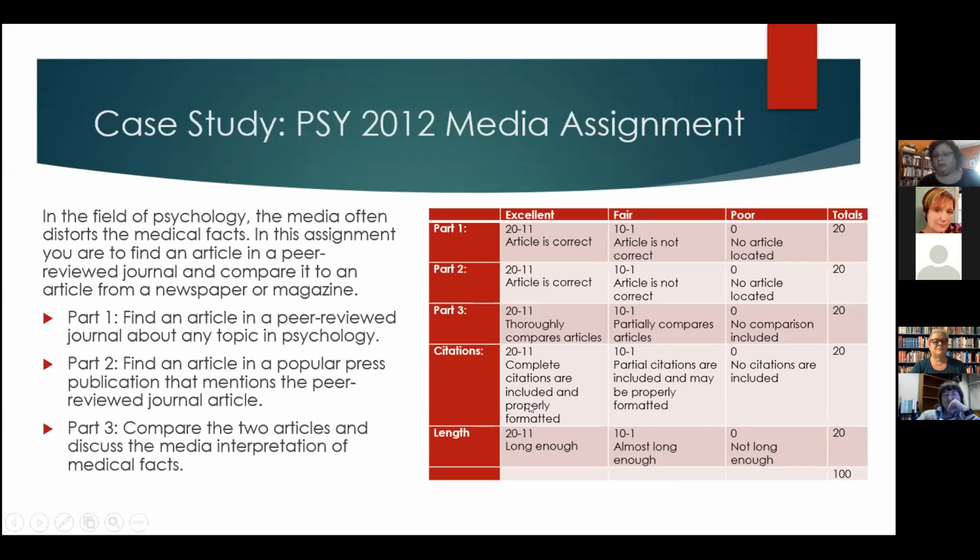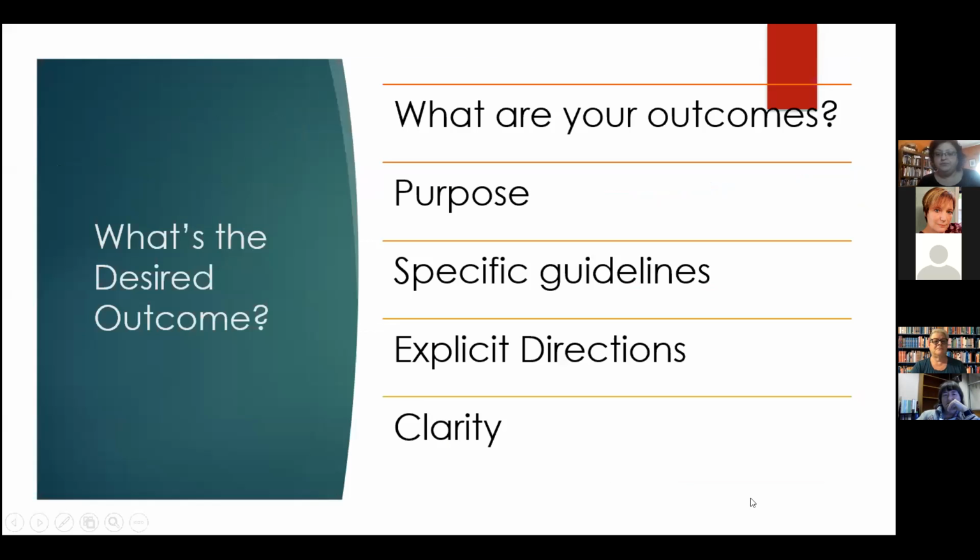So let's move on. Okay. So we just talked about the desired outcomes. What's the purpose? What do you want students to learn? And answering that question is the number one priority here, right? We want to make sure that we're very specific, give guidelines, explicit directions, and be clear about what we want to see and what the final outcome needs to be.